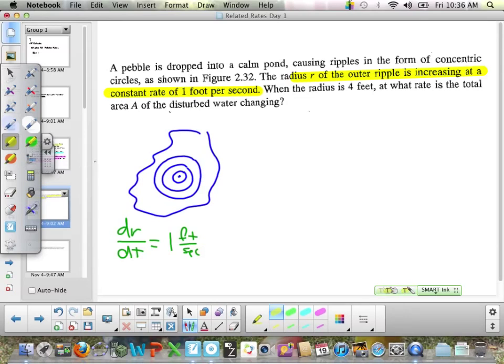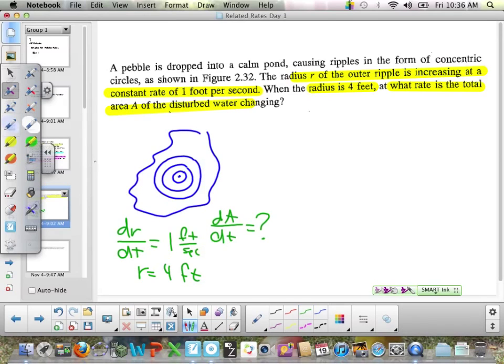When the radius is 4 feet, that means at a certain point in time, r is 4. At what rate is the total area of the disturbed water changing? That means we're looking for the change in area with respect to time. We don't know it at this point.